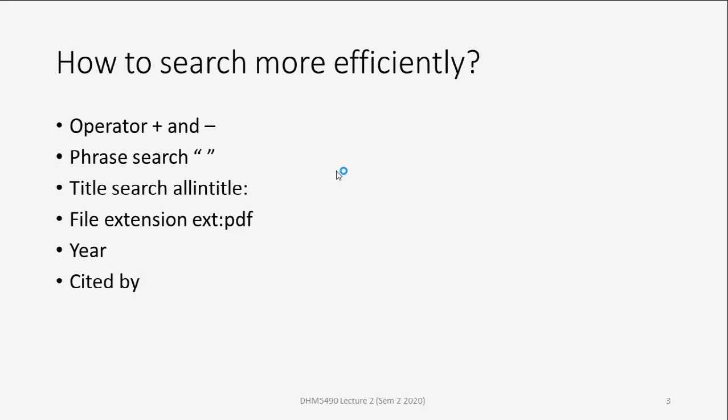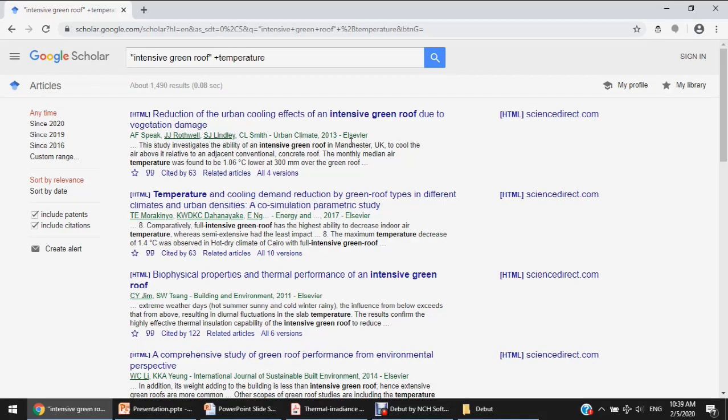title of the paper. Going back to Google Scholar, I see that there is a paper I want to read. Biophysical properties and thermal performance of an intensive green roof. I read it, let's say, for example, but I didn't download it.